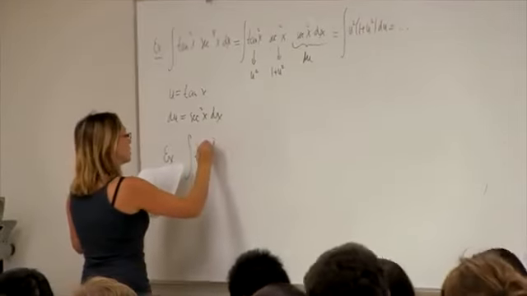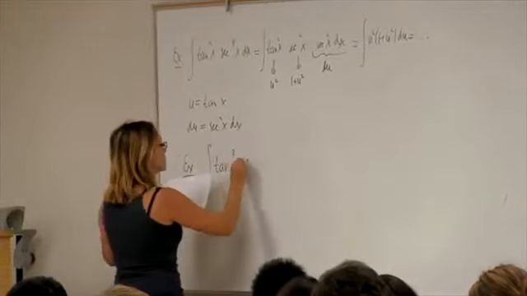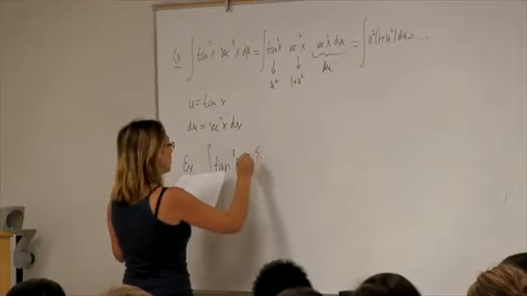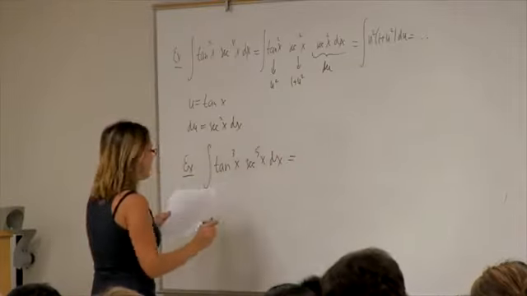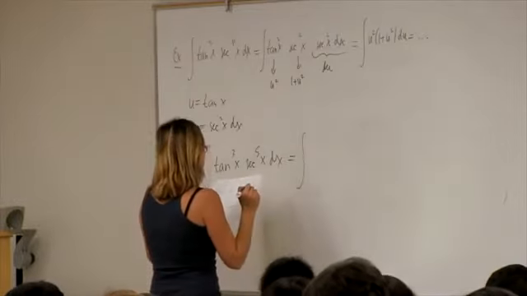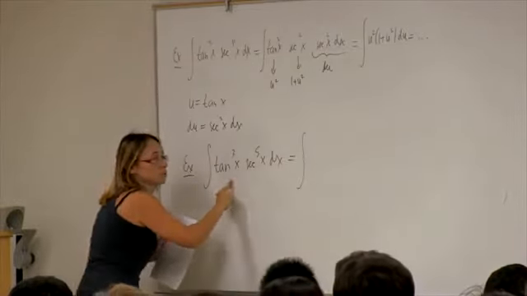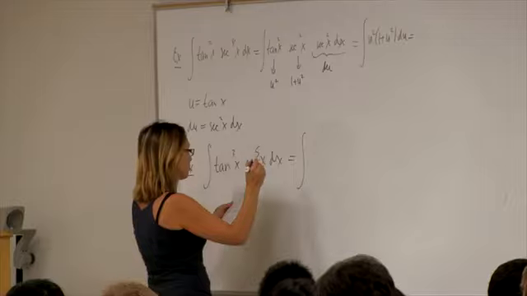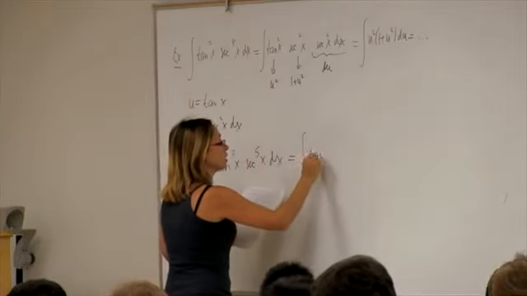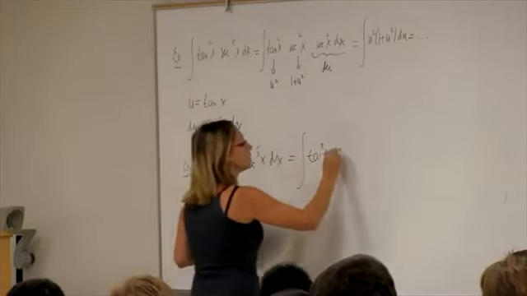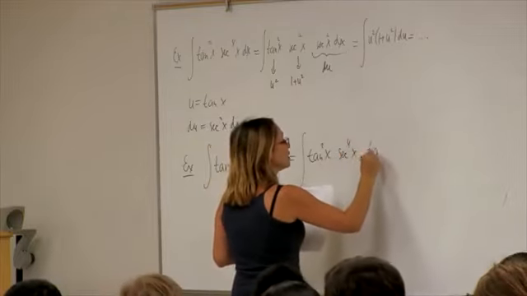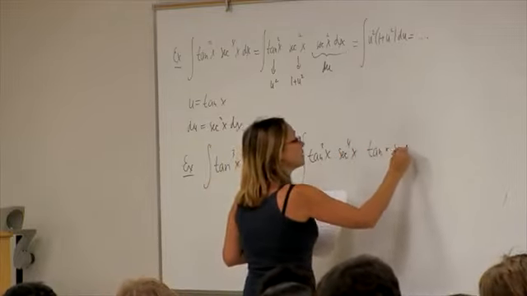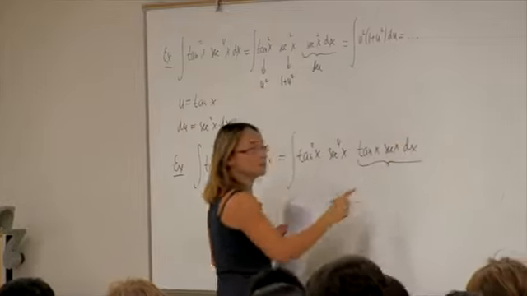Tangent cubed x secant fifth x dx. Okay. So here, I'm going to save 1 of each. I'm going to save 1 tangent, so I have tangent squared x, and 1 secant fourth x. So I have tangent x secant x dx. What is this?